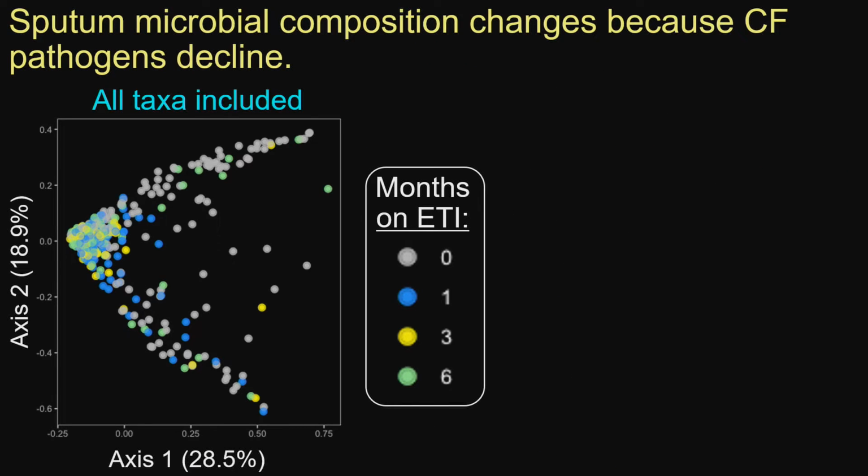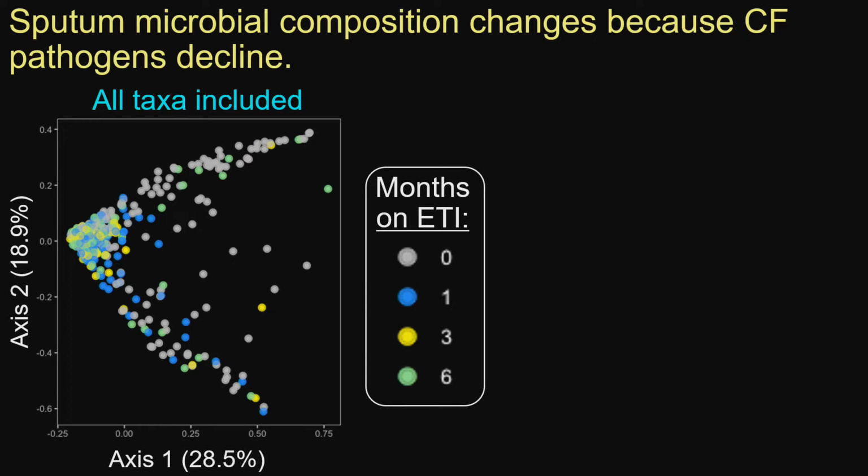Now we can look at the composition using Bray-Curtis distances of the overall sputum microbial composition. And so what's done here is each sample is compared to every other sample using the Bray-Curtis statistic, and then the data is visualized in this multidimensional scaling method.